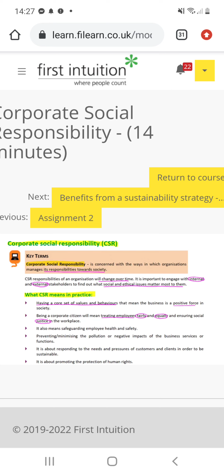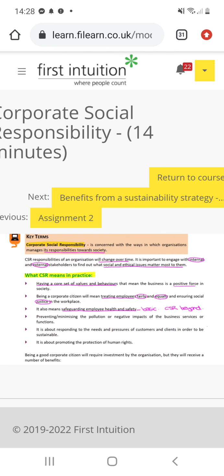Of course, there are rules about employees, but corporate social responsibility goes beyond that. It can mean safeguarding employees' health and safety, a basic requirement. But again, CSR goes above and beyond.